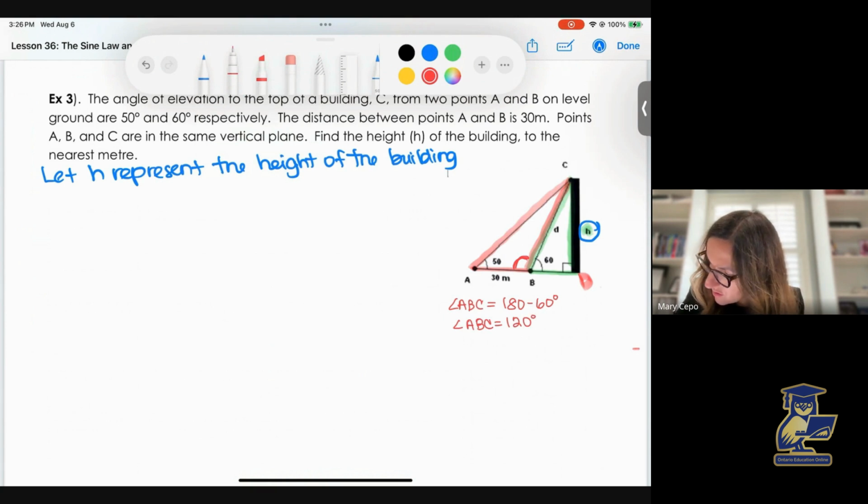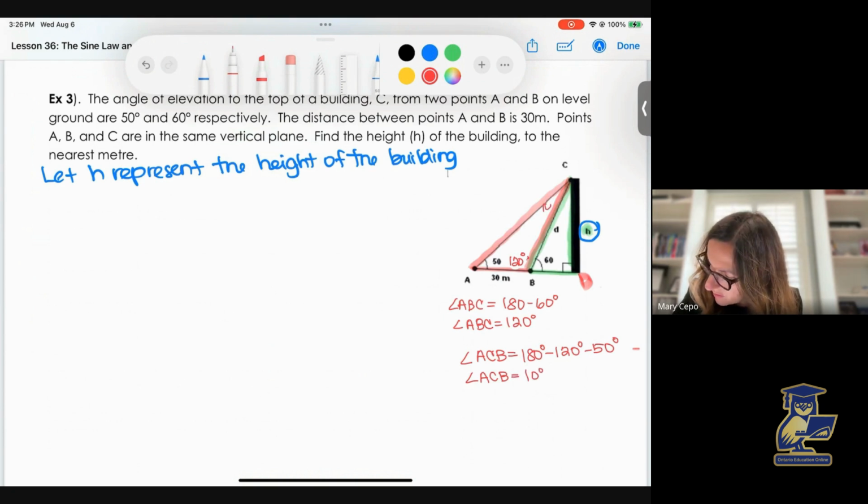If that's 120 degrees, we can easily determine angle ACB. So angle ACB is equal to 180 degrees minus 120 degrees minus 50 degrees. So angle ACB is going to equal 10 degrees.